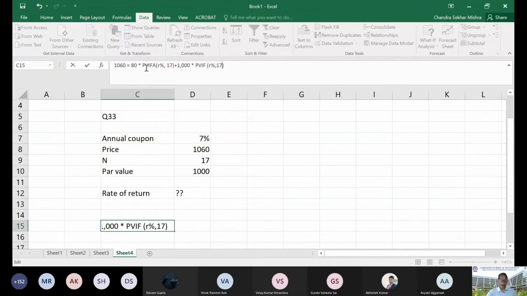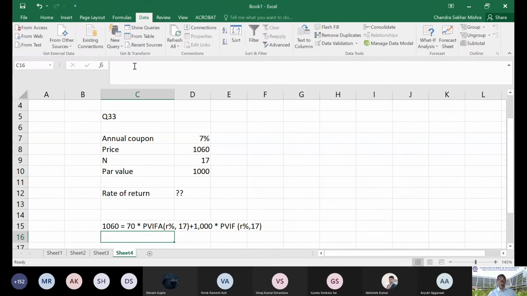Coupon is how much? 70. Please solve this in your solver. Please take 2-3 minutes and solve it.